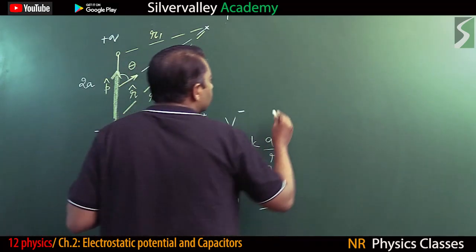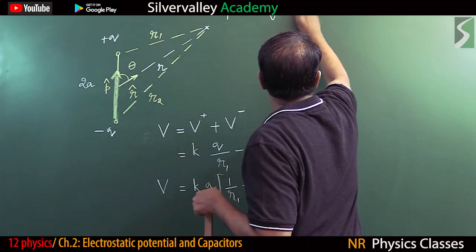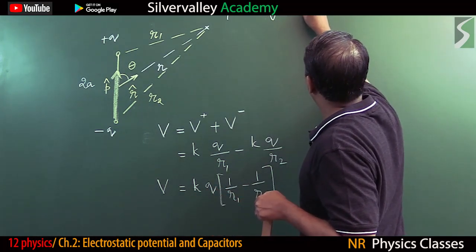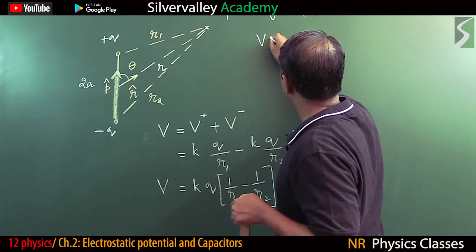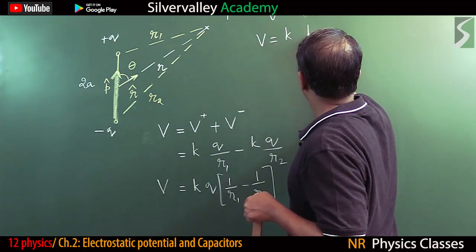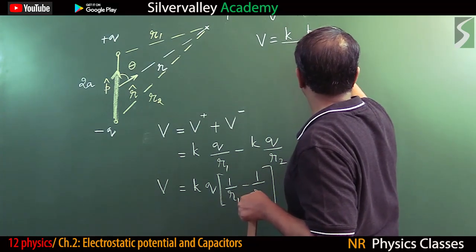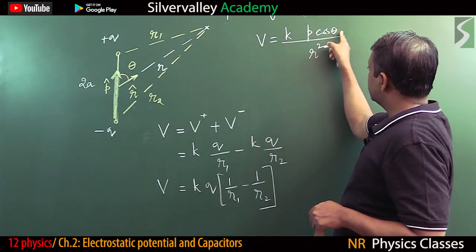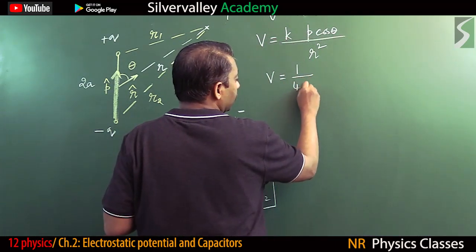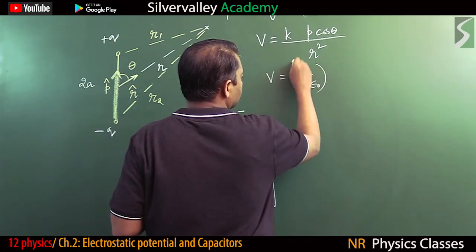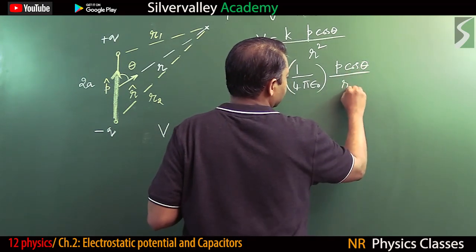Now, if r is very much greater than 2a, then electric potential is given by constant p cos theta by r square, or V equal to 1 by 4 pi epsilon naught p cos theta by r square.